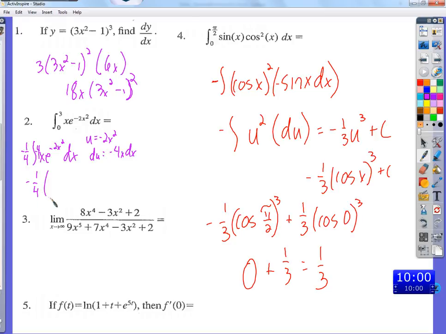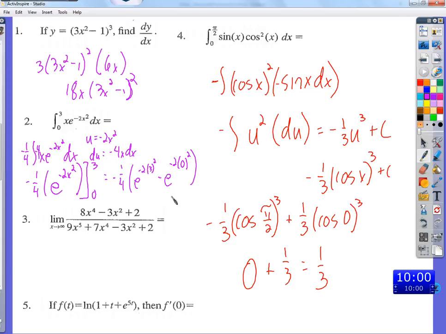Negative 1/4 times e to the u du. So what would the antiderivative of that be then? e to the u, which is negative 2x squared. We're going to take that from 0 to 3. It's negative 1/4 times e to the negative 2 times 3 squared minus e to the negative 2 times 0 squared.